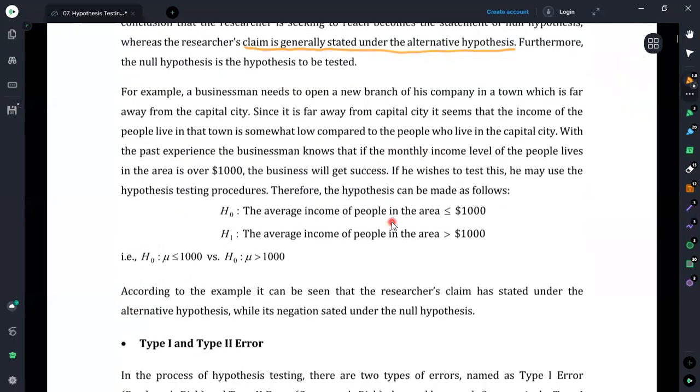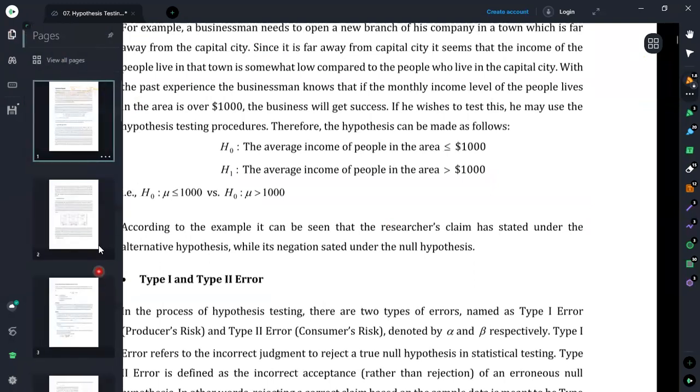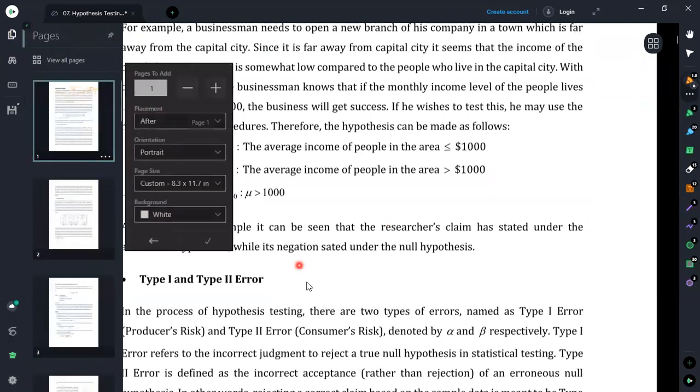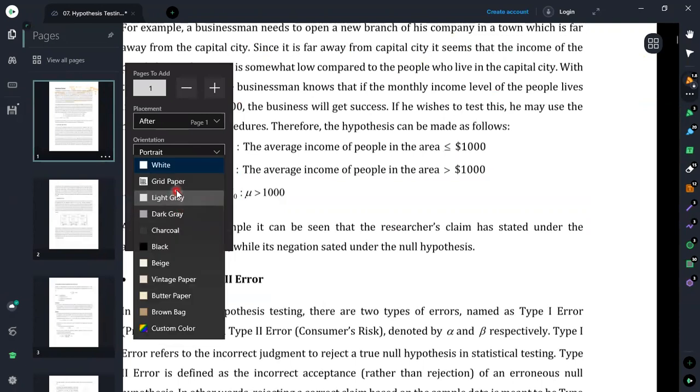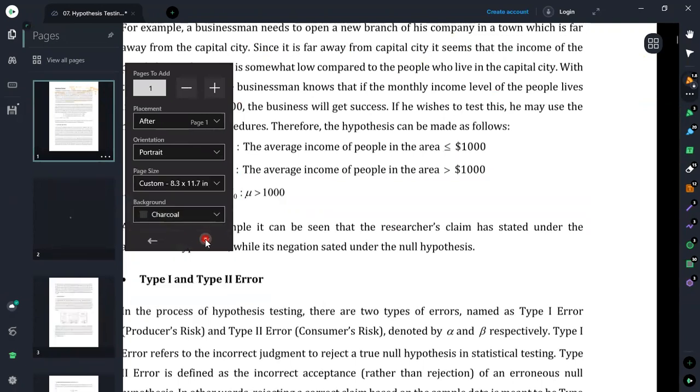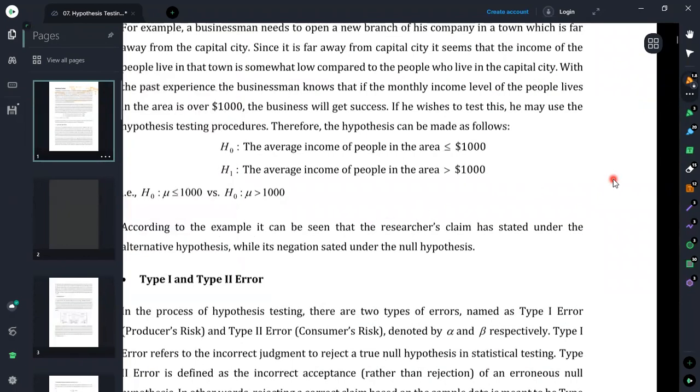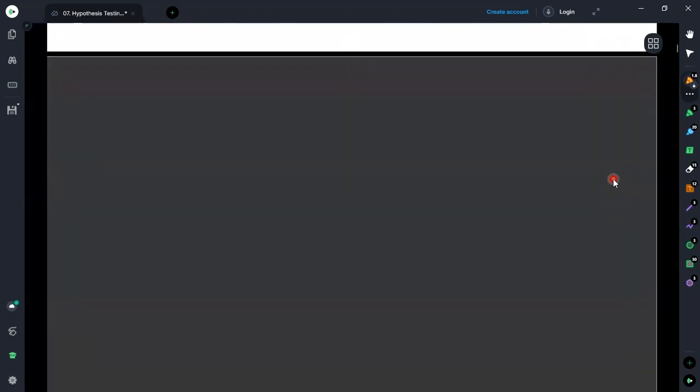If I summarize what we have discussed so far, a hypothesis is a statement that may or may not be true.